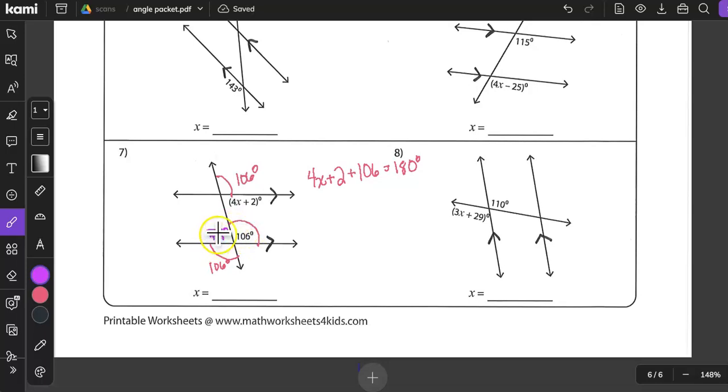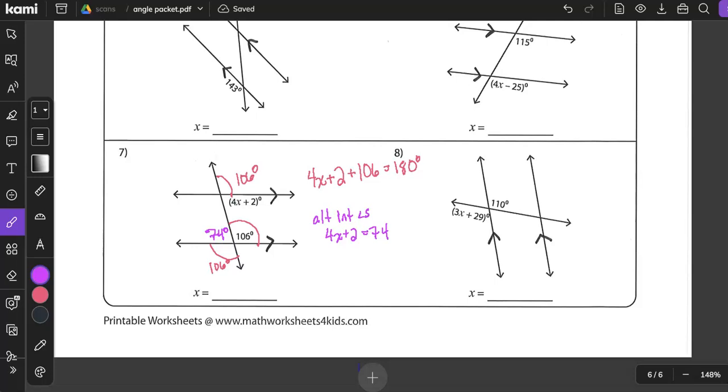And now by using that linear pair, I can say, whoa, 74 and 4x plus 2, they're a special relationship. They're alternate interior angles. So I can use the alternate interior angles to say 4x plus 2 equals 74. Either way, I think I'm going to get the same answer.